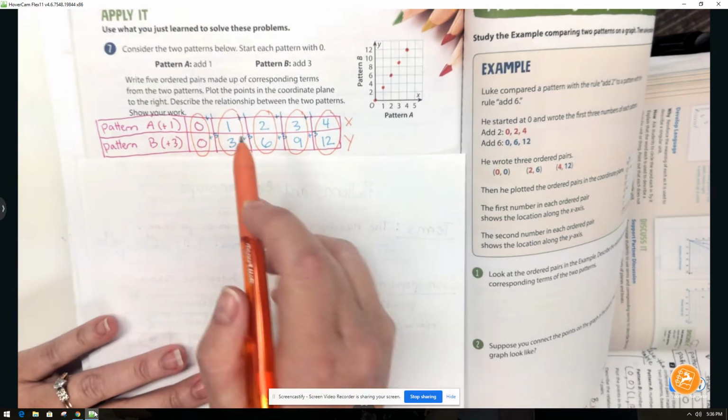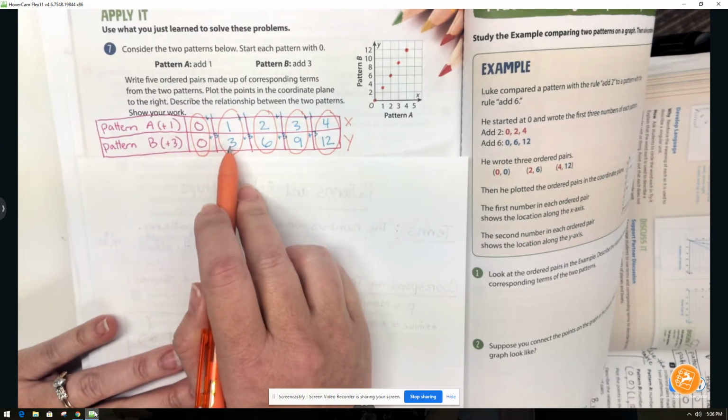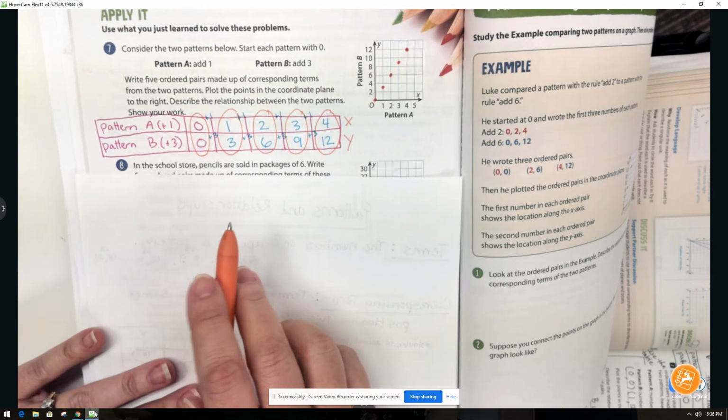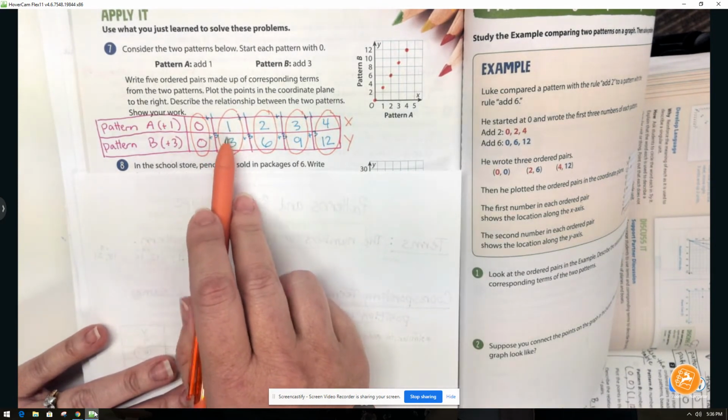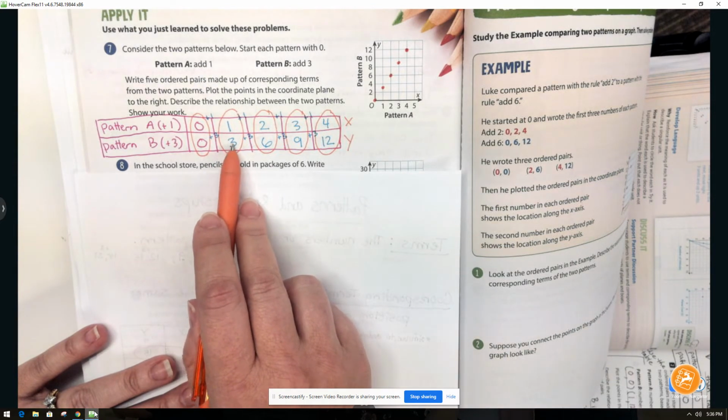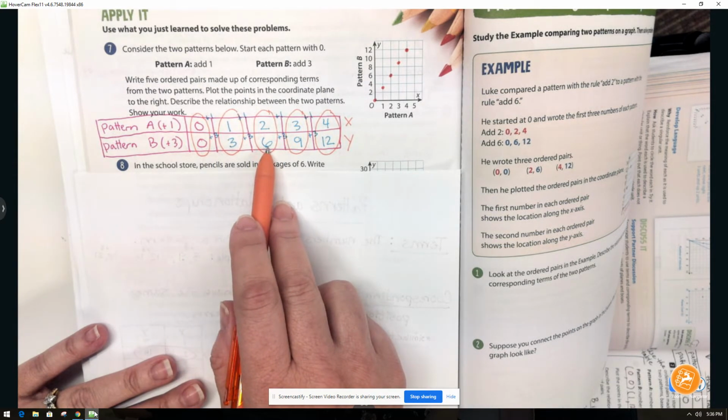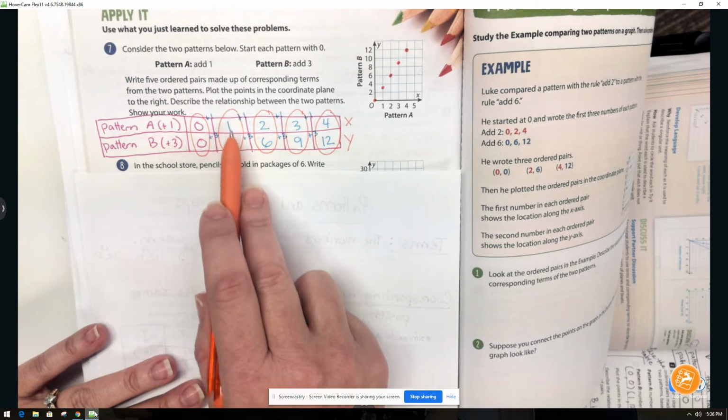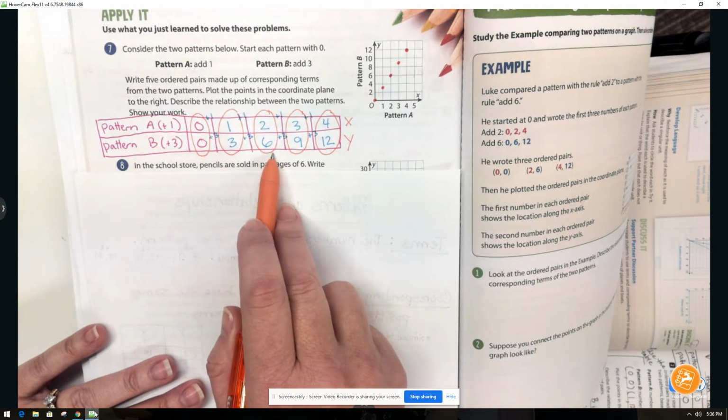All right, so if we look at pattern A and pattern B, what do we notice? How much more is pattern B than pattern A? What do you multiply pattern A by to get pattern B?